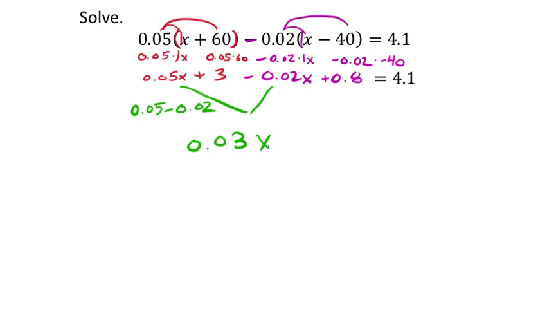That's all the x terms, but I have constants as well. I've got 3, and I'm going to add 0.8, which is positive 3.8. You can put that in the calculator too. This still equals 4.1. Why are we not doing anything with the 4.1? Because it's on the other side of the equal sign.